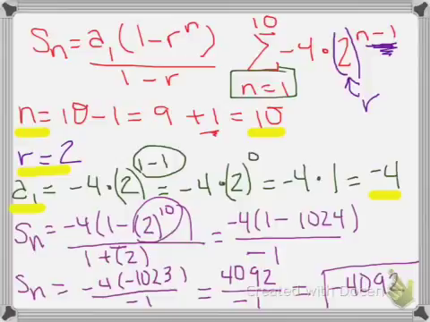This is another geometric series. When you're looking at a whole bunch of numbers and you're trying to find out if it really is a geometric sequence, this time, as opposed to arithmetic, you're looking for a geometric ratio.